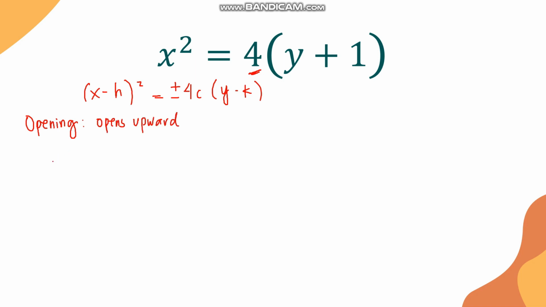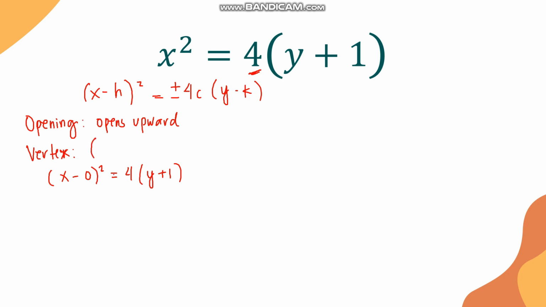Now after identifying the opening of the parabola, let's identify the vertex. We know that the vertex is (h, k). From the formula, let's rewrite it into its standard form. Though this one is already in standard form, we can write it as x minus 0 squared equals 4 times y plus 1. So x minus 0 is just x, you square it, you get x squared.